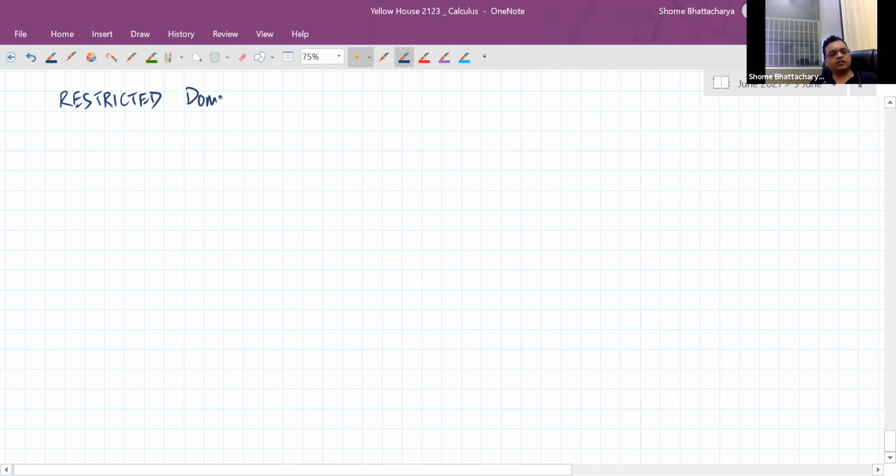So restricted domain is a situation where the domain of a function is taken as some subset of its natural domain, because of some external factors.